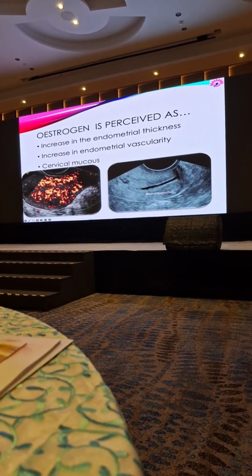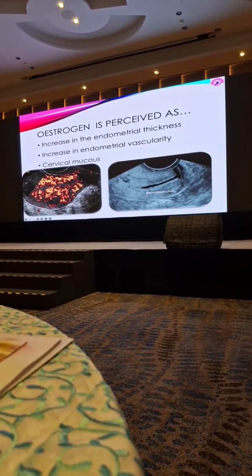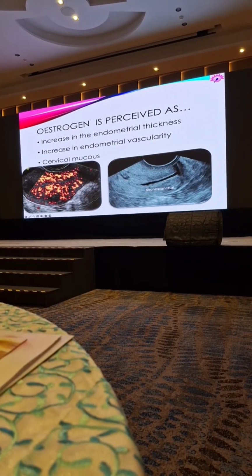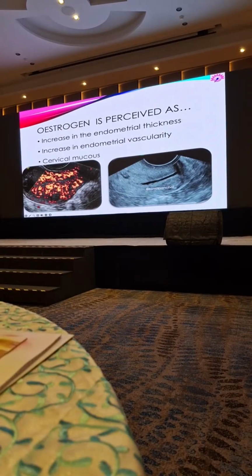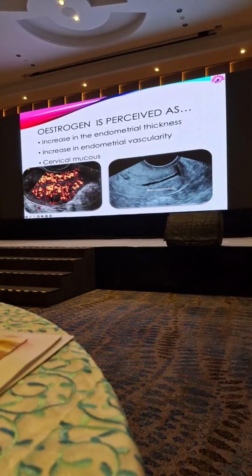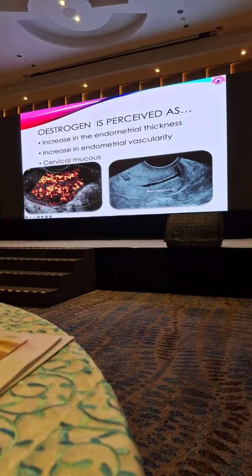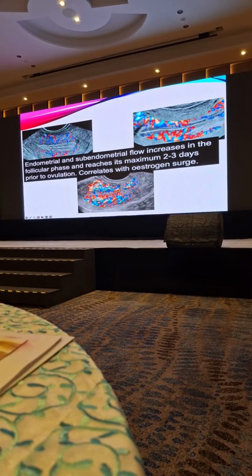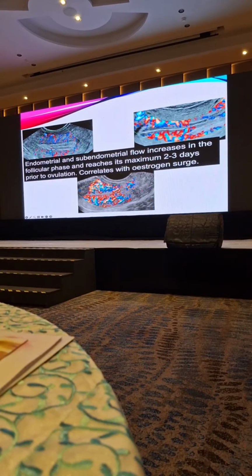Let me come back to what I was saying earlier. We are evaluating the endometrium: thickness, morphology, which may be grade A, B or C, and you need to check the vascularity. You may also see the cervical mucus and the cervical glands. The vascularity of the endometrium, as an effect of rising estrogen, keeps on increasing with the increase in estrogen.